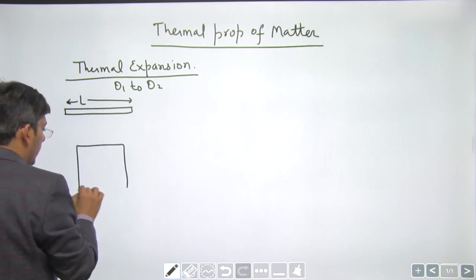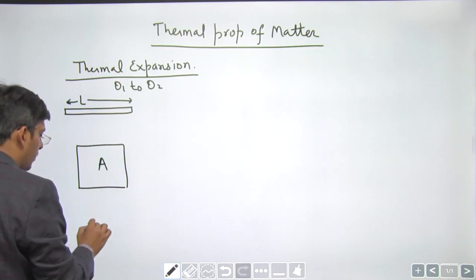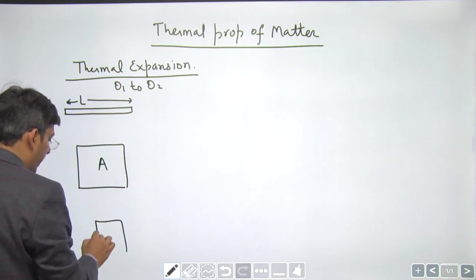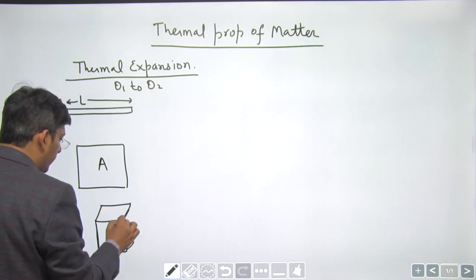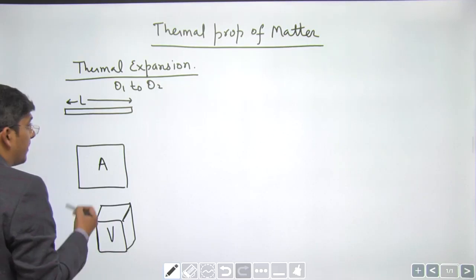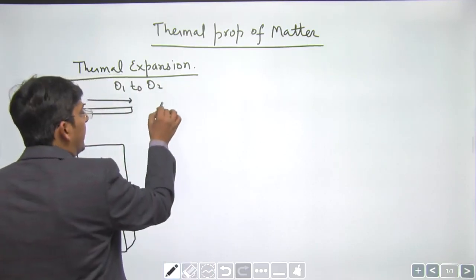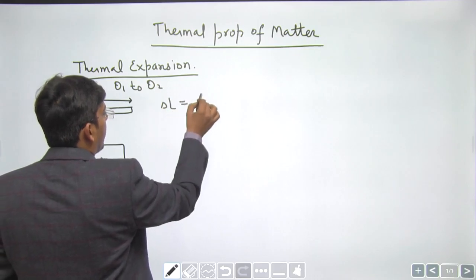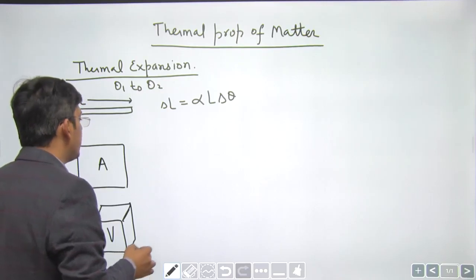Again, you have a plate of area A, you heat it from θ1 to θ2, and suppose you have a solid of some volume V and you change its temperature from θ1 to θ2. Okay, see, the change in length of the rod is actually given by α L Δθ, α being the coefficient of linear expansion.